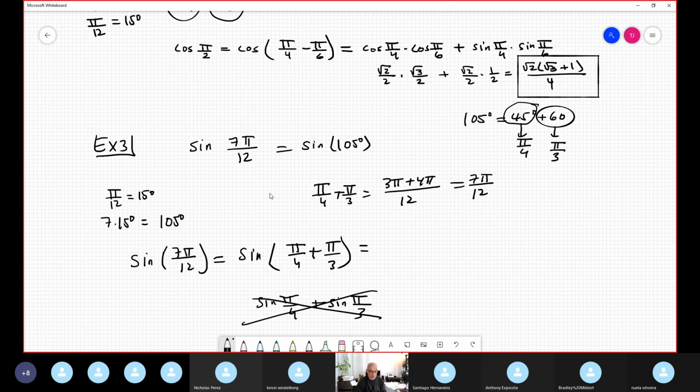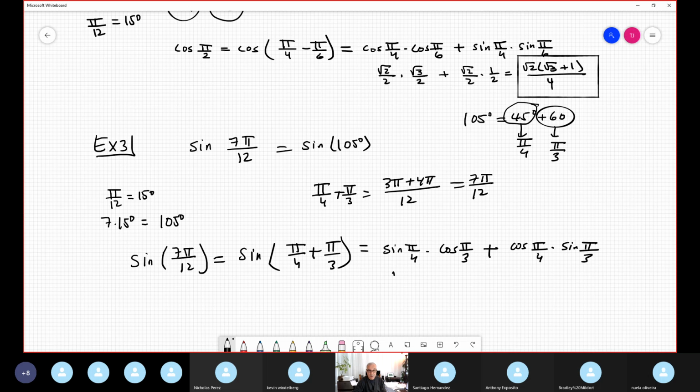No, it's a formula, and the formula says sine pi over 4 multiplied by cosine pi over 3 plus, the same sign, see, plus in the sine. In cosine, no, but in the sine, yes. Cosine pi over 4 times sine pi over 3. And we compute separately one by one.